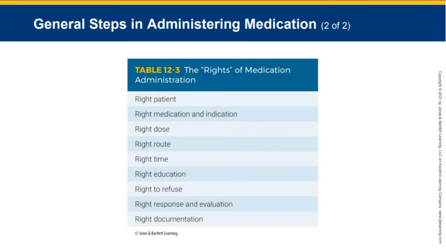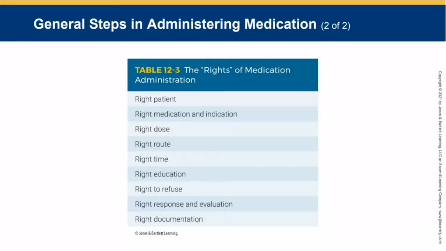And afterwards, you may have a headache. Educate your patient. The right to refuse. Patients with decision-making capacity can decline or refuse proposed interventions or medication. And of course, as an EMT, this needs to be documented.